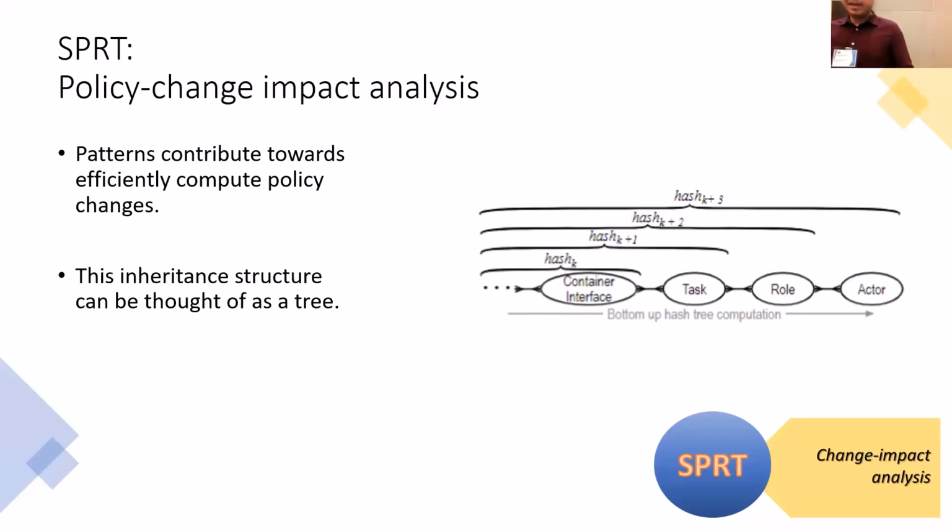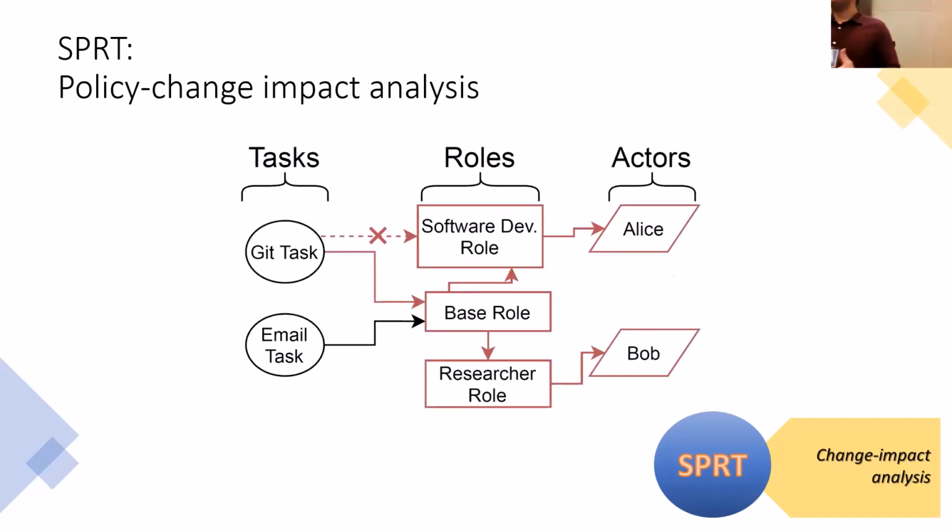So SPRT will build a bottom-up hash tree for each policy specification through a method similar to Merkle tree construction. Such a technique allows us to very efficiently identify changes and the entities that are impacted by those changes for any two arbitrary policy sets. This is very important because usually when people go into the networks and change the policy, they don't really know the impact of such a policy change.